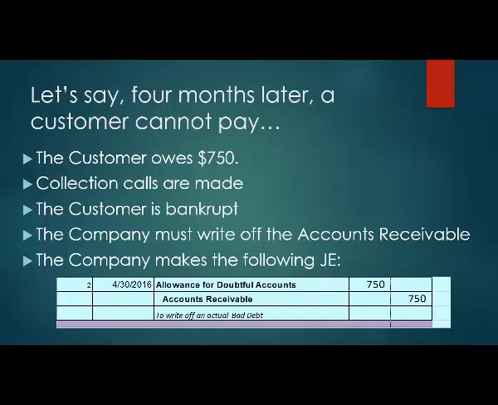When we use the language write off, we are saying it was an asset, it was in accounts receivable, now we're taking it out of accounts receivable with a credit. Normally you would credit accounts receivable when the customer pays, but we're saying no, the customer isn't paying, so we're writing it off to allowance for doubtful accounts. This is where the company dips into that reserve.